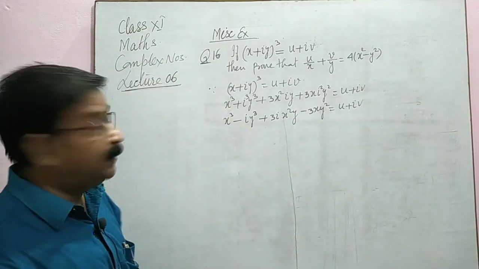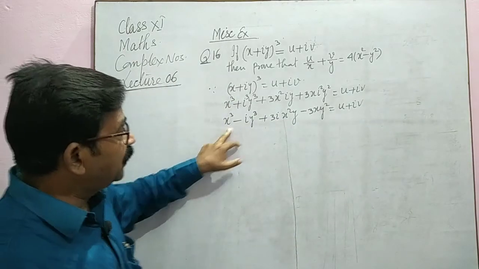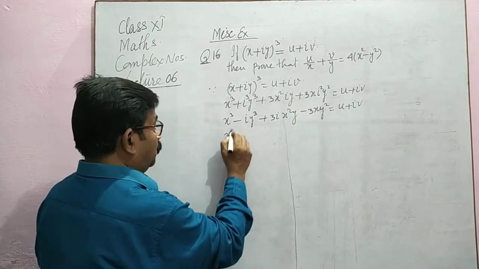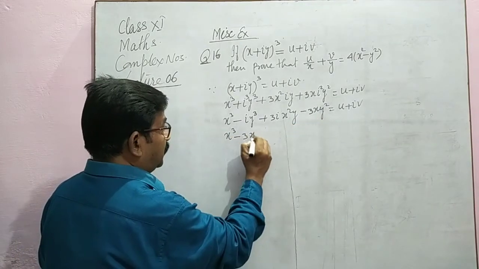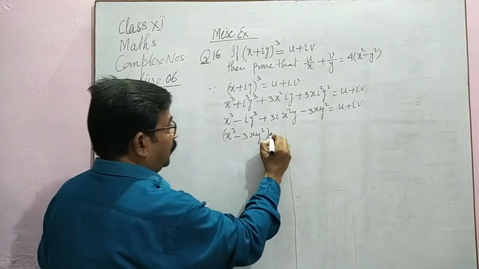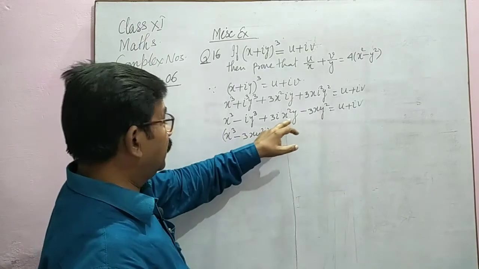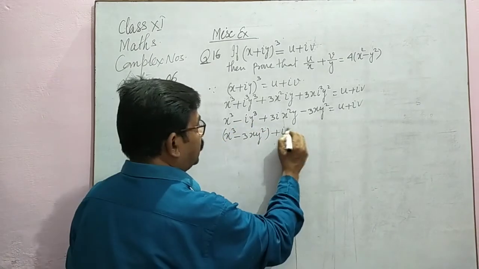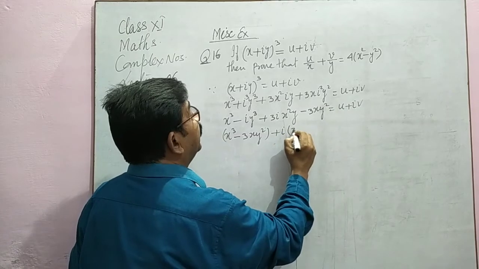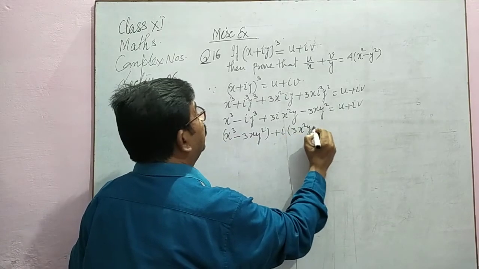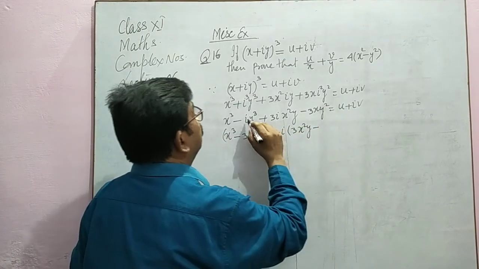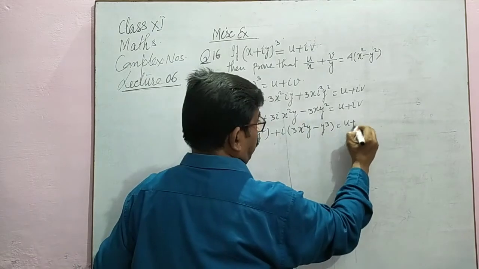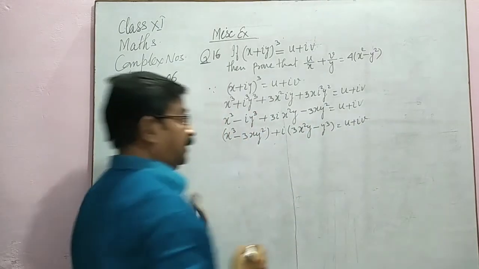Collect the real part and imaginary part here. x³ is real, and −3xy² is real. So (x³ − 3xy²) in one bracket plus i times (3x²y − y³) is equal to u + iv.